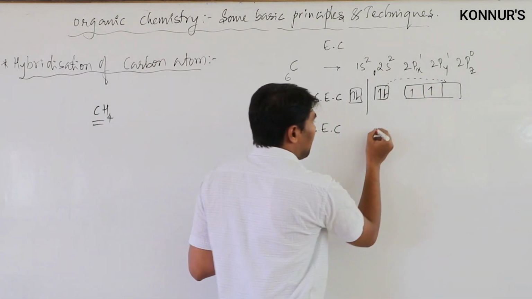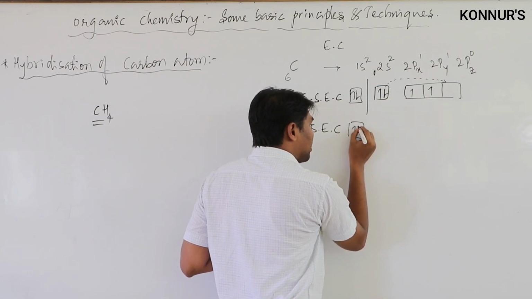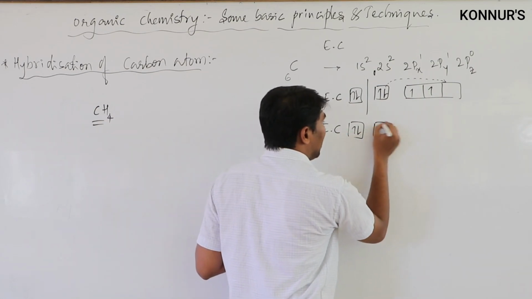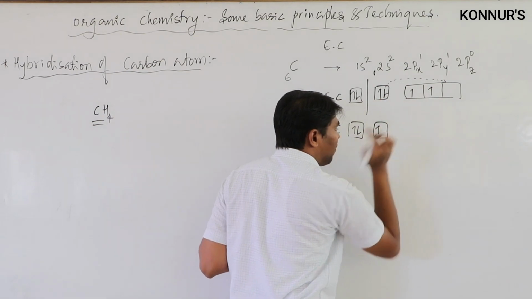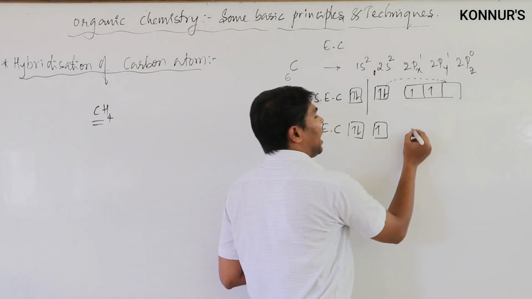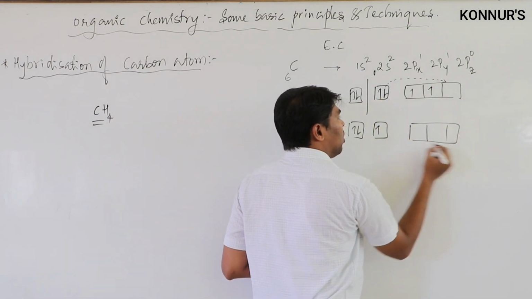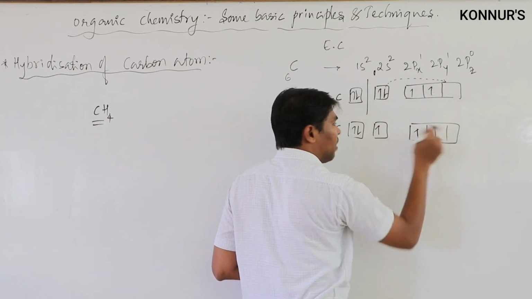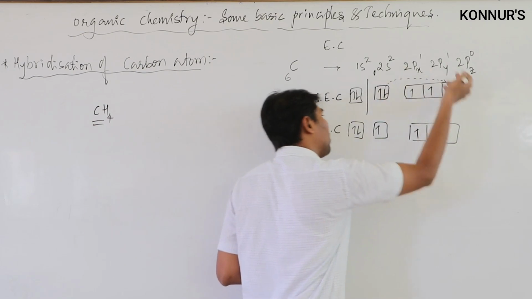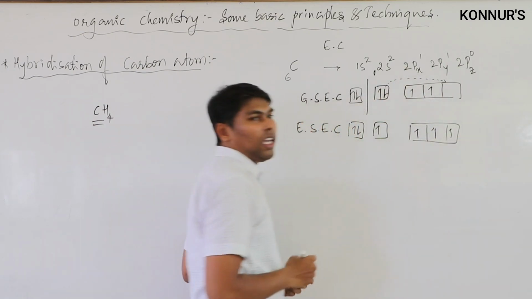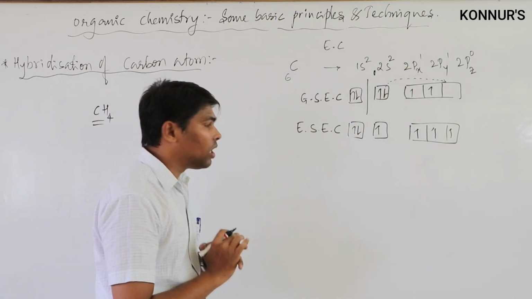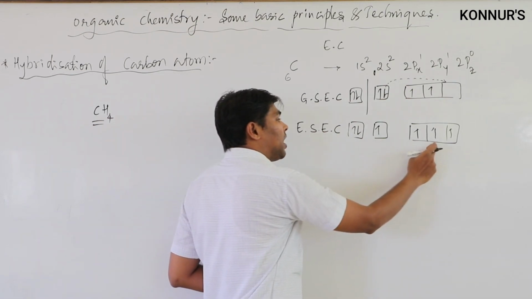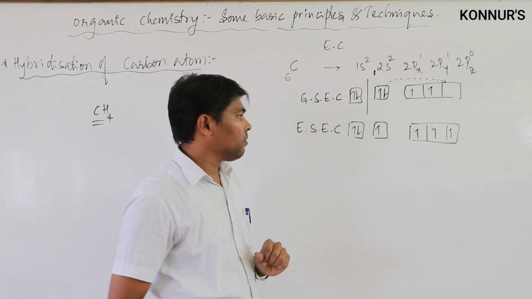So 1s2 remains the same, 2s remains with 1 electron, 2px already has 1 electron, 2py has 1 electron, and this electron is shifted to the 2pz orbital. So now the number of unpaired electrons becomes 4.